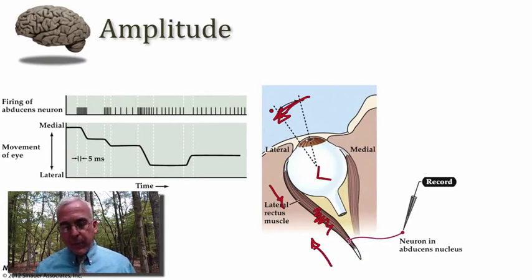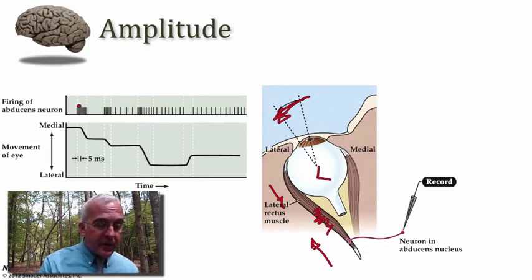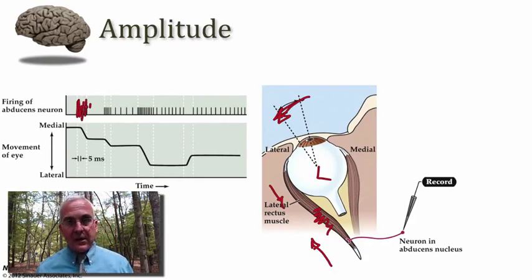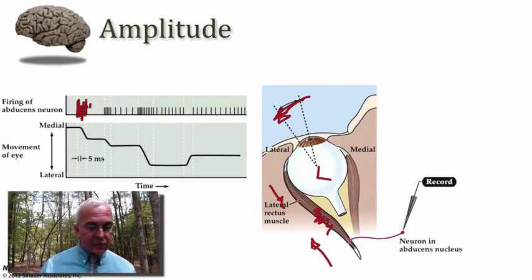Okay, so now if we are recording from the alpha motor neurons that innervate that lateral rectus muscle, what we find is that these motor neurons start firing action potentials just as we're beginning to actually contract that lateral rectus muscle.